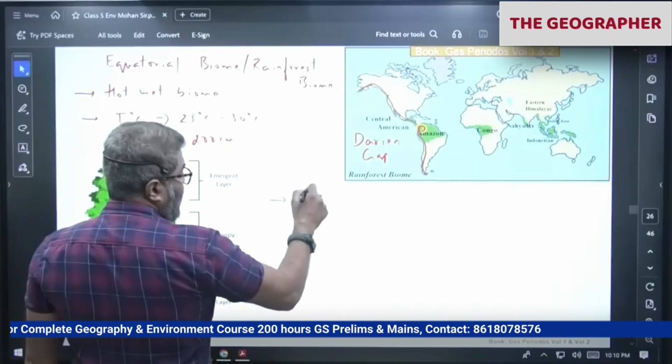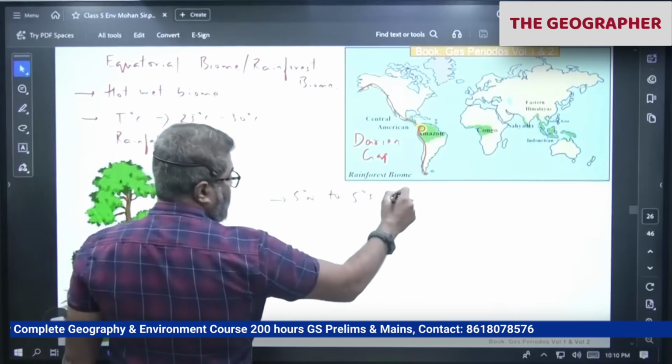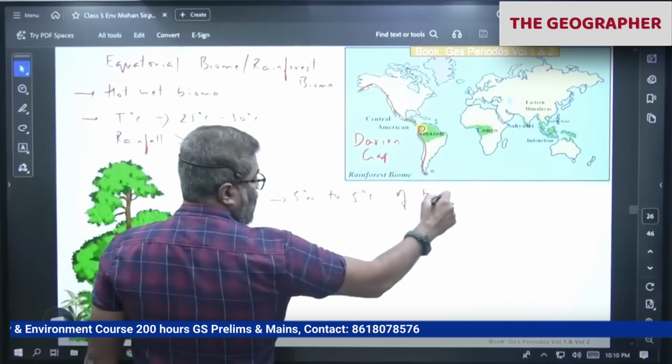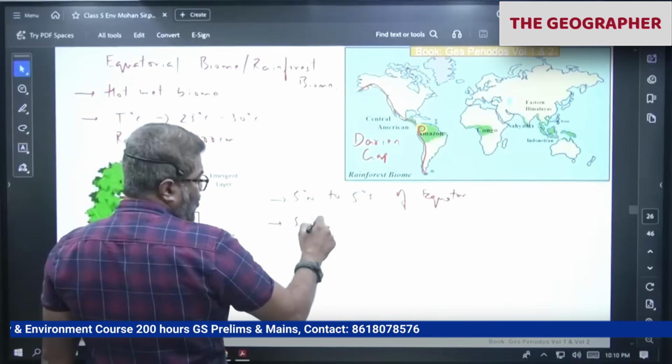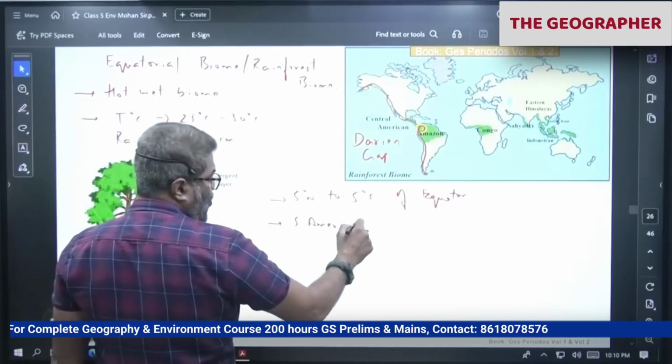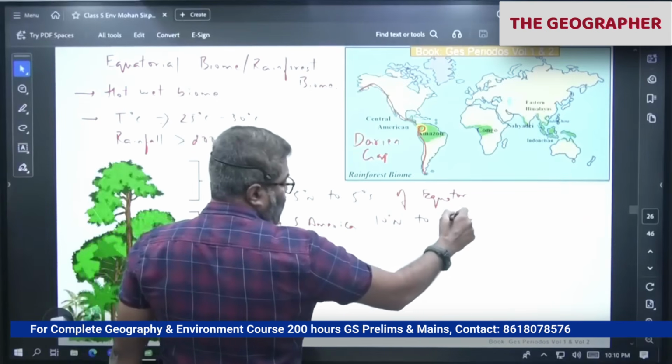This is found 5 degree north to 5 degree south of the equator. In South America, the forest extends from 10 degree north to 10 degrees south.